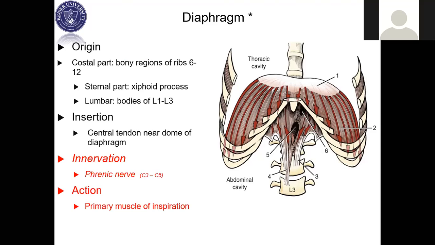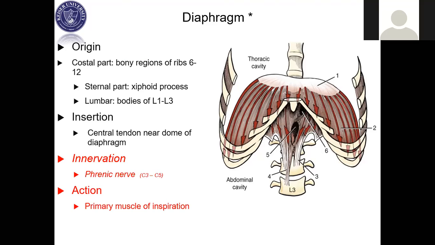In later classes, you'll need to know it. One less thing that you have to worry about. Understanding and knowing the innervation of these muscles is daunting enough. Okay, so don't worry about the C3 through C5 or T4, T6, and things like that.